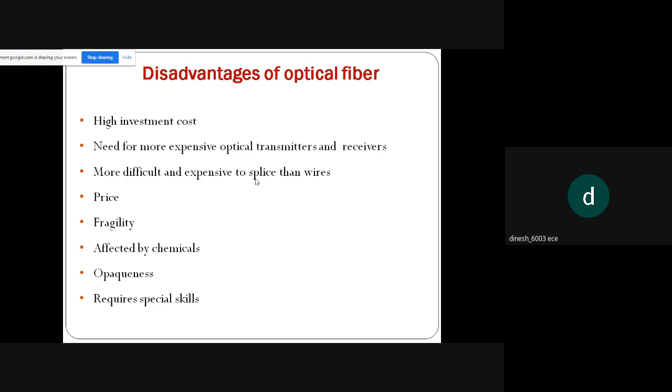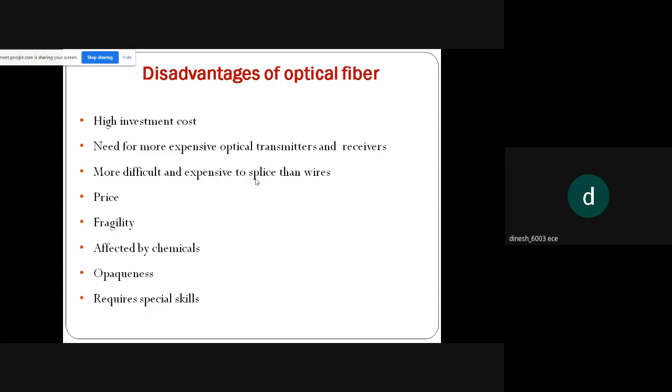The transmitters and receivers are very expensive depending upon the application. The jointing and splicing techniques are more difficult. The price is very high. Fragility is the main factor. When it is exposed to chemicals, they easily get destroyed.